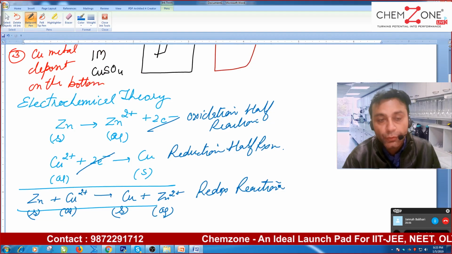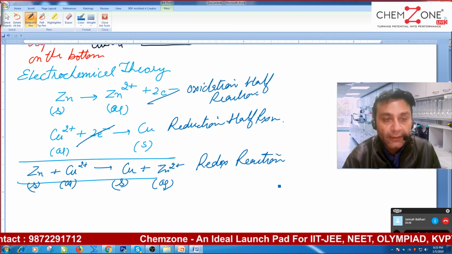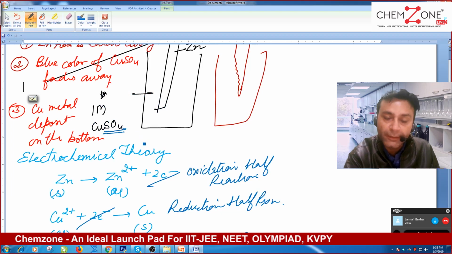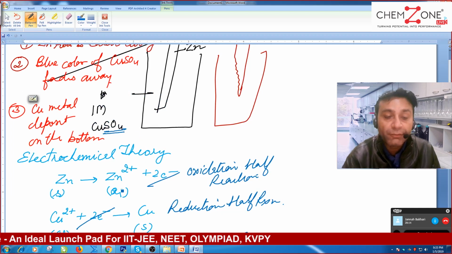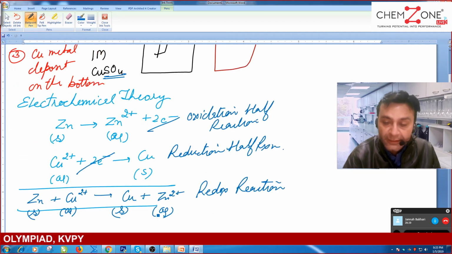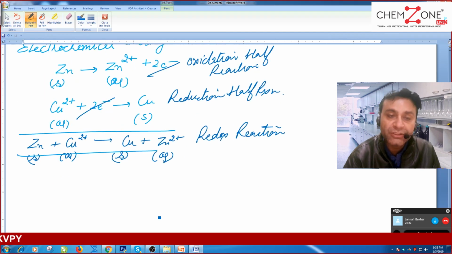So in this case, what has happened to the sulfate ion now? Can you tell me? Sulfate ions were initially bonded with the copper ions, and now they are connected with the zinc ions. But sulfate ions do not undergo any change in oxidation number.